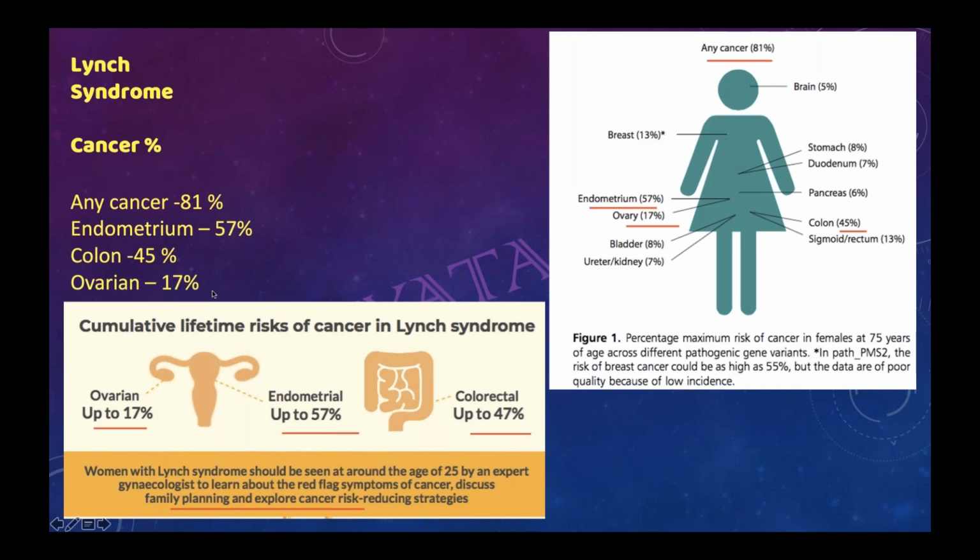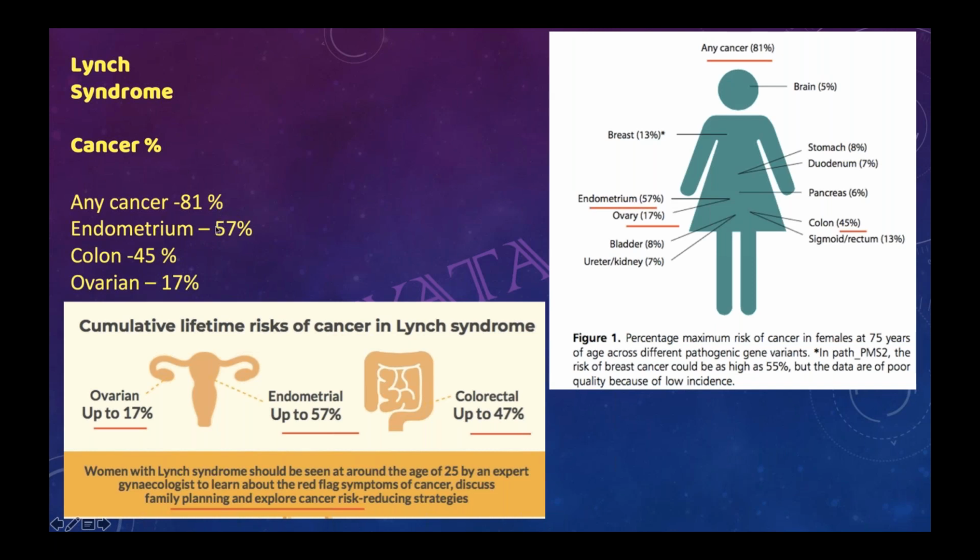So if a patient has a Lynch syndrome, the probability of having any cancer will be 81%. If she's a female, endometrium cancer can come to her with 57% chances. Ovarian cancer can come at 17%, and the colon cancer can come in both sexes, at 45%.